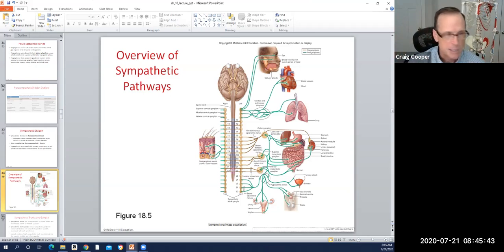If you're playing a sport, you want that big picture view so you can have a sense of where all your opponents are on the field, so you know how to react to avoid them or to intercept them, depending on if you're the offensive or defensive player. So we want the opposite of what we see with parasympathetic.